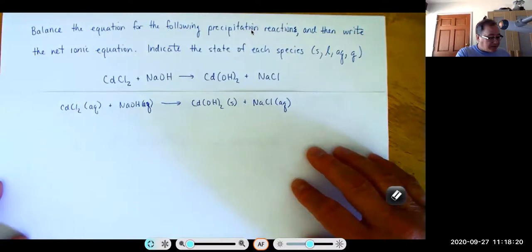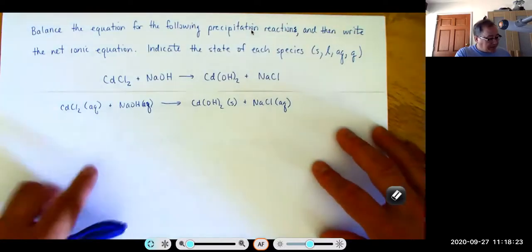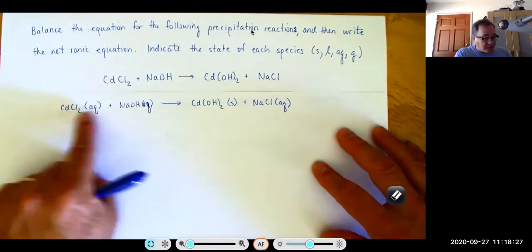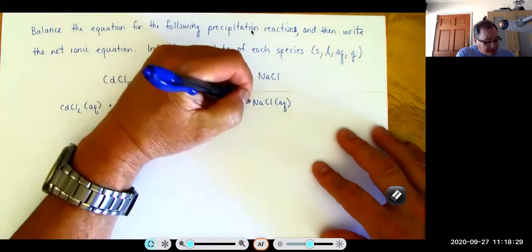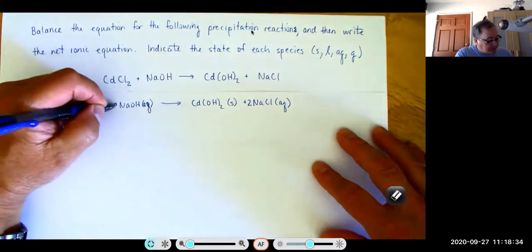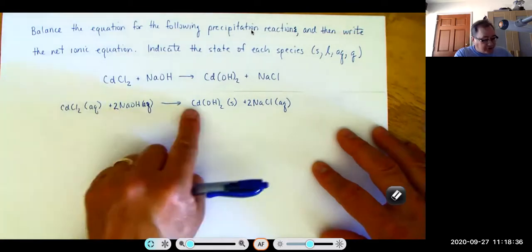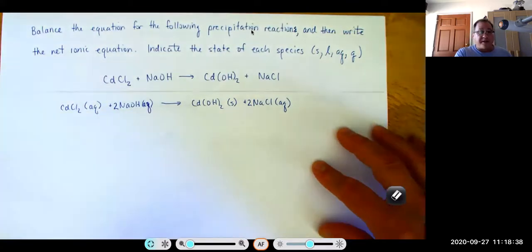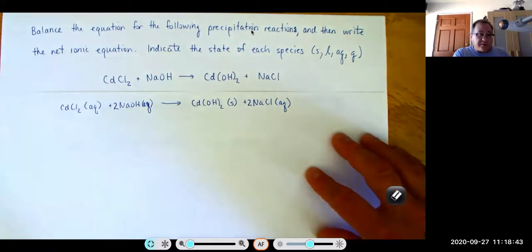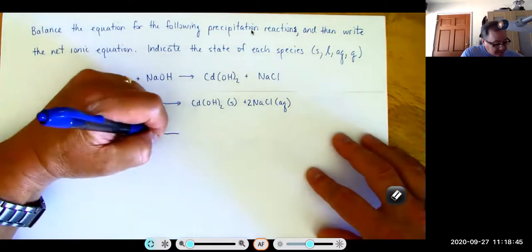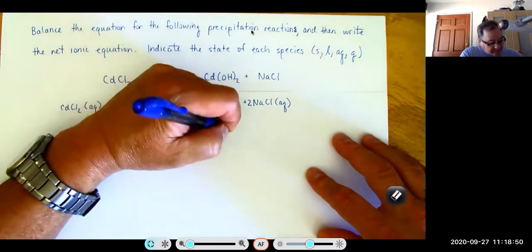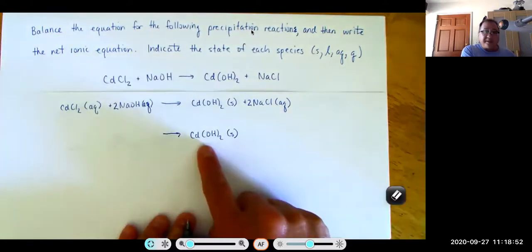Now what we have to do is make sure this is balanced. One cadmium, two chlorines, one chlorine. So we want to put a 2 here. One sodium, two sodiums. So I'm going to put a 2 here. Two hydroxides, two hydroxides. So now it's balanced. Now for the net ionic reaction, what's the shortcut way of doing it? That's right. Start with the solid. Okay, so what are the ions that make this solid?